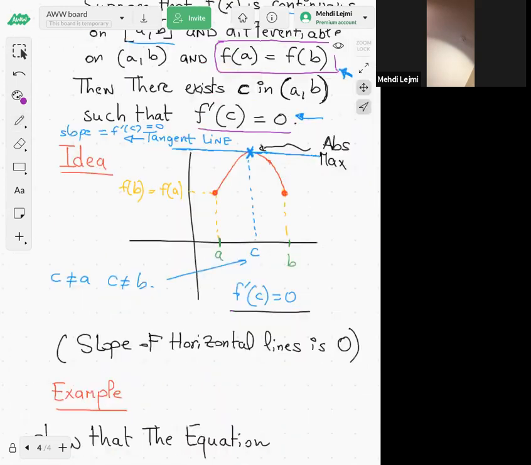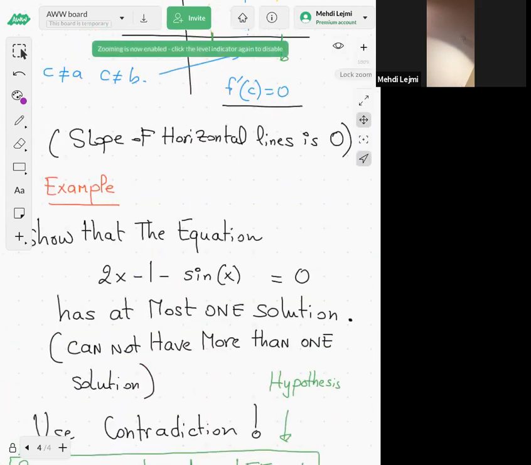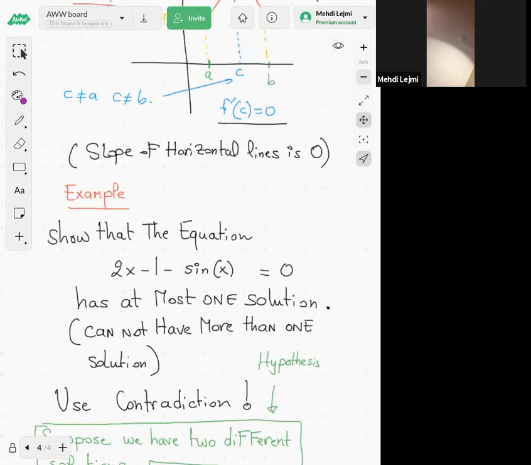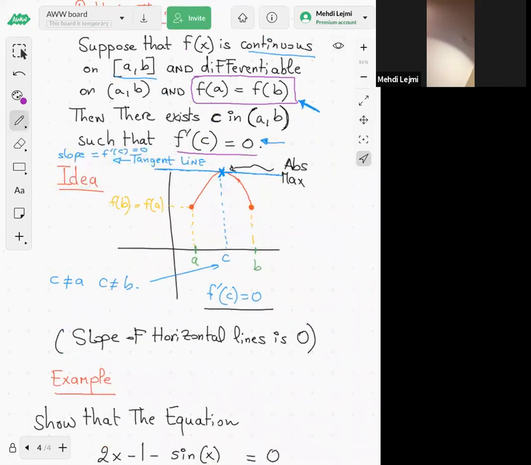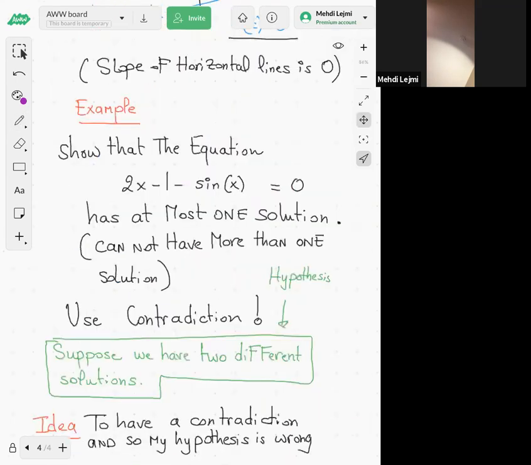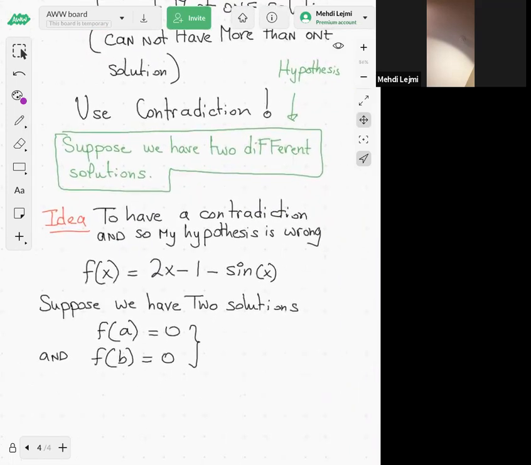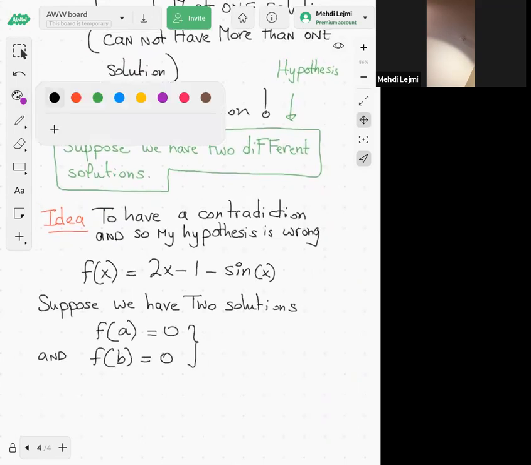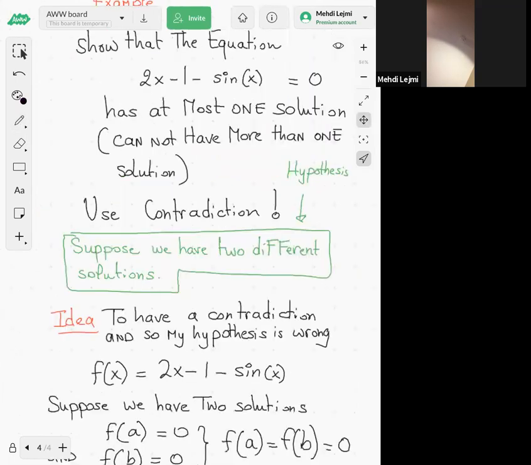In Rolle's theorem, we need f of a to be equal to f of b, right? So here, f of a is 0 because a is a solution of f of x equal to 0. F of b is also a solution, so f of b is 0. So then my f of a is equal to f of b, right? F of a is equal to f of b is equal to 0. And that's exactly the hypothesis in my Rolle's theorem.